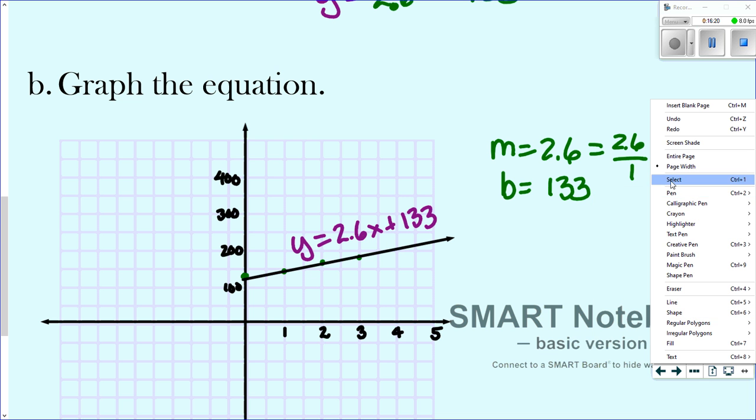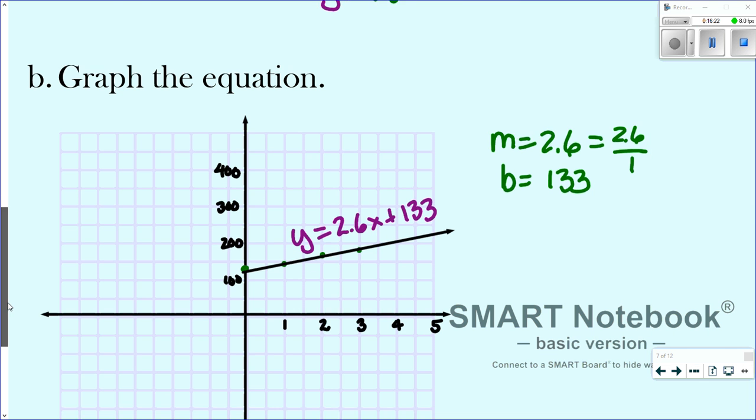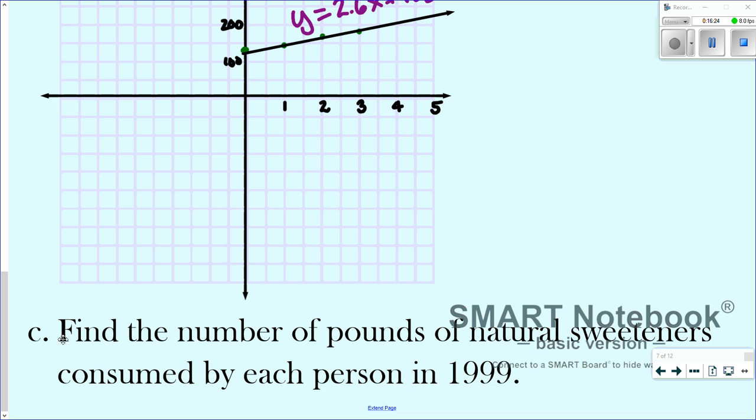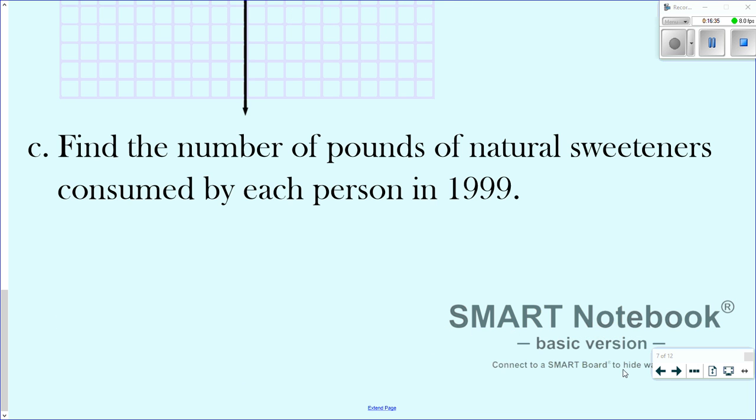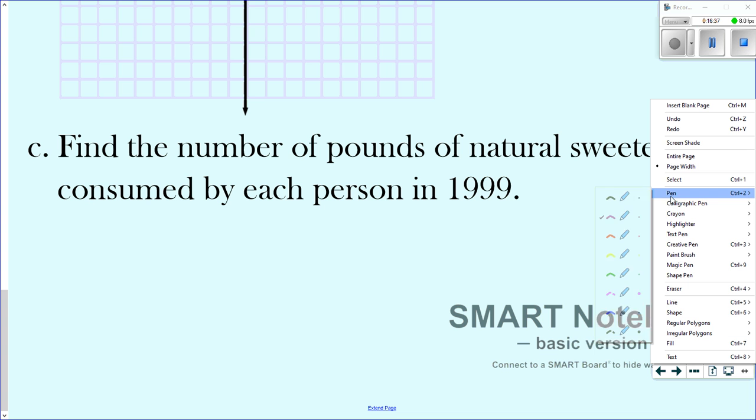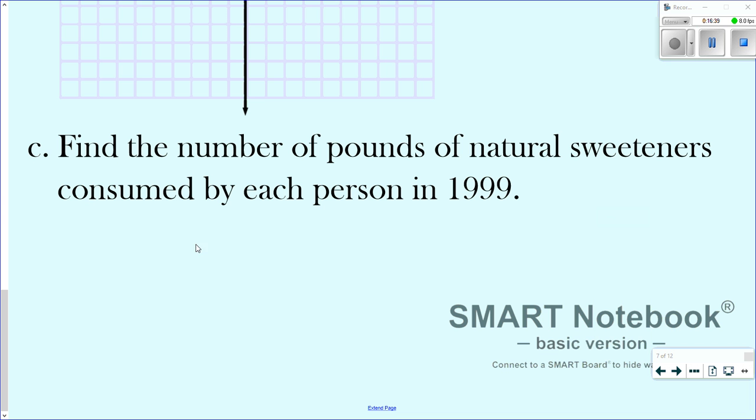Now going back to the next question, it says find the number of pounds of natural sweeteners consumed by each person in 1999. This is where we use our equation, which was y equals 2.6x plus 133.